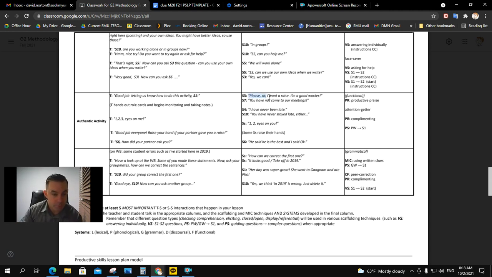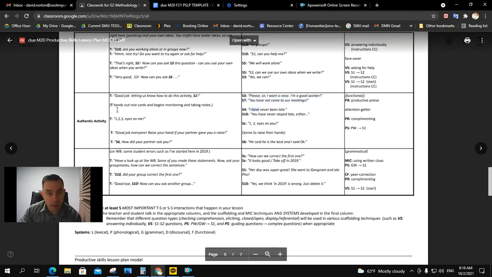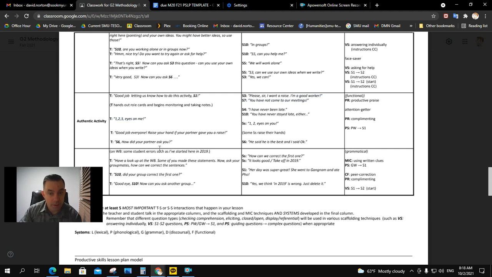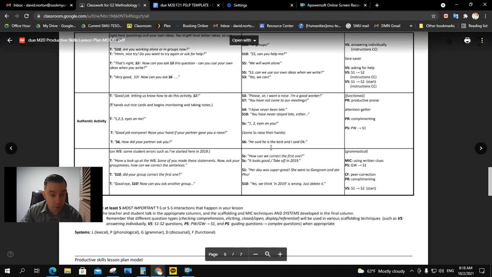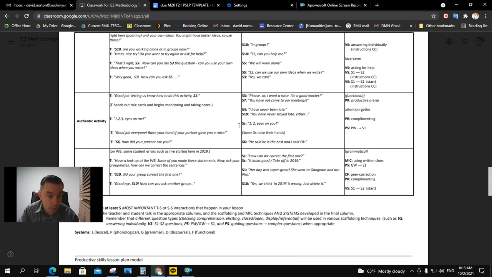These are students doing the role play, and then I show the attention getter, and then I elicit an answer from one student: what did your partner share? Okay, so it's a little bit more than one interaction, but it shows a variety, which, if I'm a methodology student, I want to show my teacher, a variety of interactions that I know how to use appropriately.